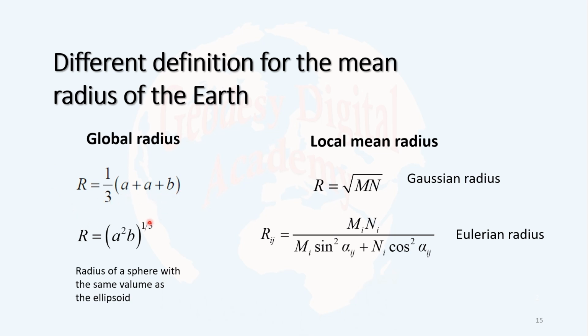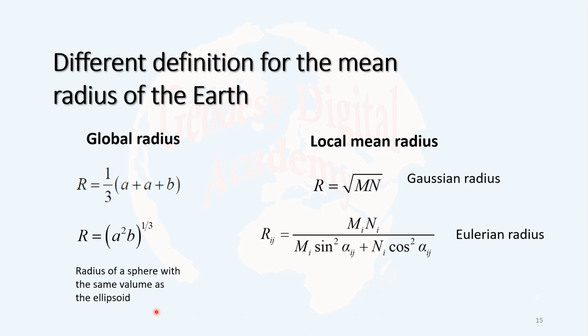It doesn't depend on any latitude. It's global. So we know that two axes of the ellipsoid are equal, so a and a, and the third one is b. We can take the average, which is the simplest form. Or we can multiply all of them and take the cube root. These are the global values for the radius.